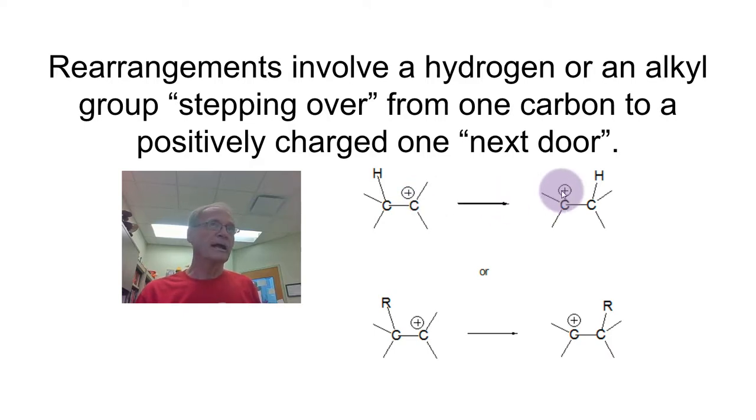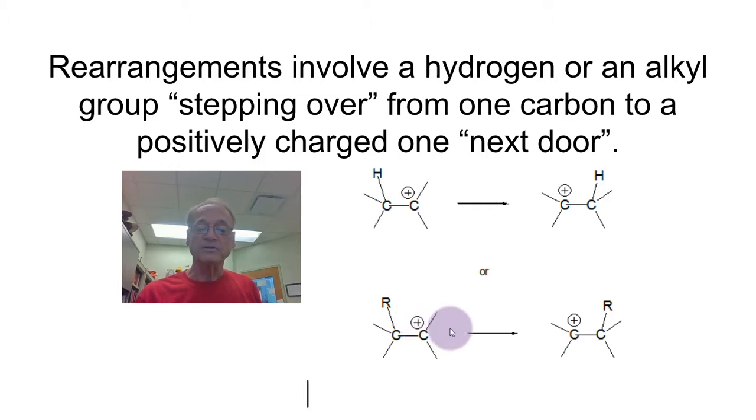You might wonder, why would that happen? The answer is, obviously, if this is a better carbocation, say this one is tertiary and this one is secondary, then that would happen. Or, even more interesting, if you have a carbocation with a carbon group next door, that carbon group can actually step over. So literally a carbon-carbon bond is breaking and a new carbon-carbon bond is forming over here.